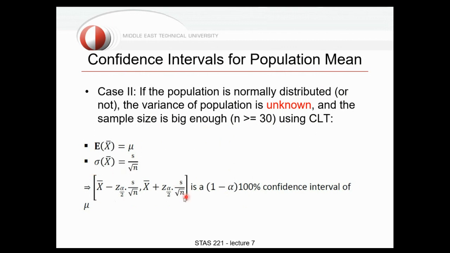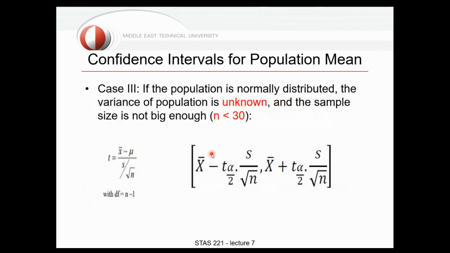So you see, the formula is almost the same, but instead of sigma, which is the standard deviation of the population, I should approximate it with the standard deviation of the sample. But we can read it again from the standard normal distribution table. So read these intervals very carefully to see what the differences are between these intervals that we define.